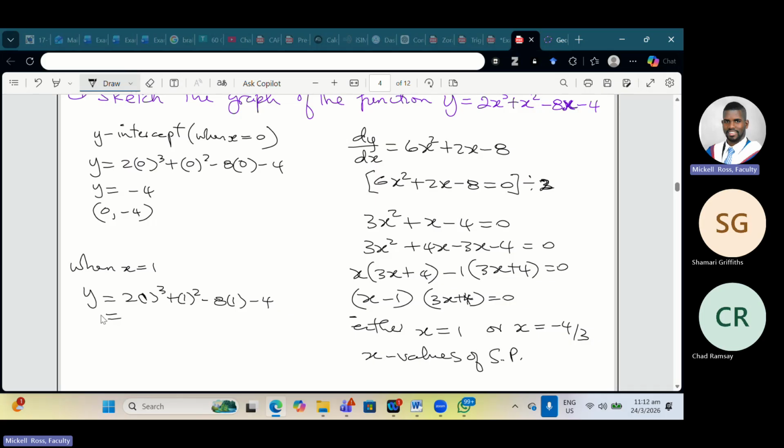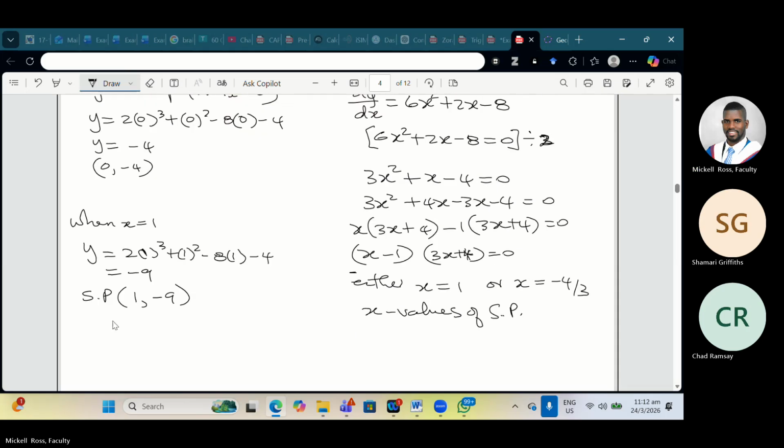So we can just use this information. This is going to give us negative 9. So the stationary point is going to be 1, negative 9.